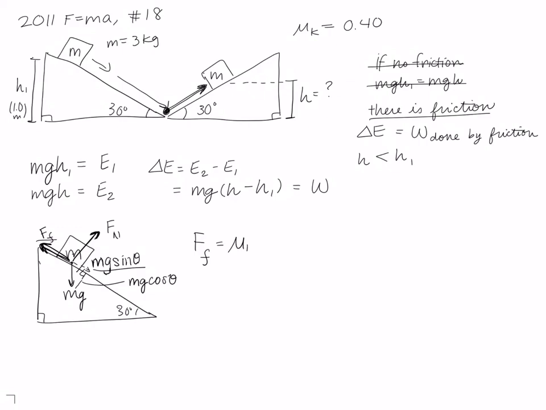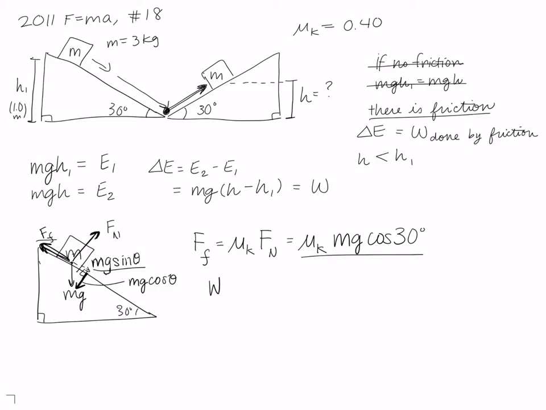The friction force is equal to the coefficient of kinetic friction, since we know that it's moving, times the normal force. And the normal force must be equal to the perpendicular component of gravity that points into the surface, namely mg cosine of theta, with theta being 30 degrees. So this is our friction force.